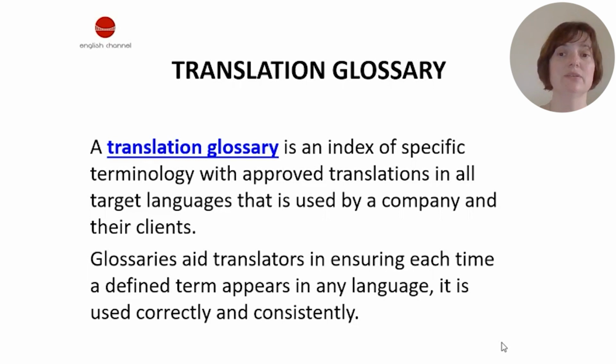A translation glossary is an index of specific terminology with approved translations in all target languages, if many target languages are included, that is used by a company and their clients. So this is one of the definitions.